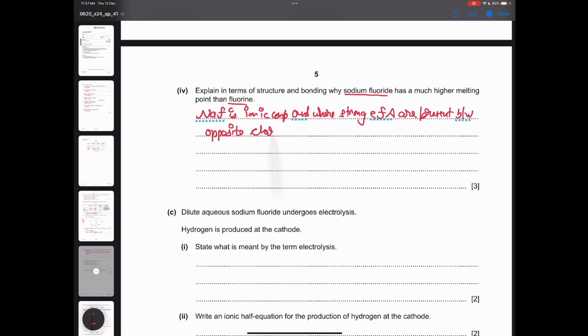For example, Na plus and F minus, one is positive and one is negative. So they will have strong electrostatic forces of attraction between them.